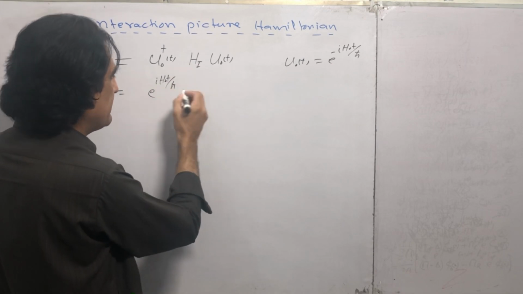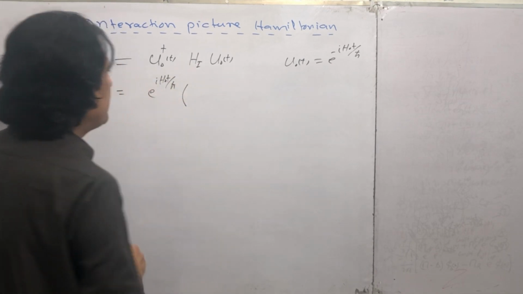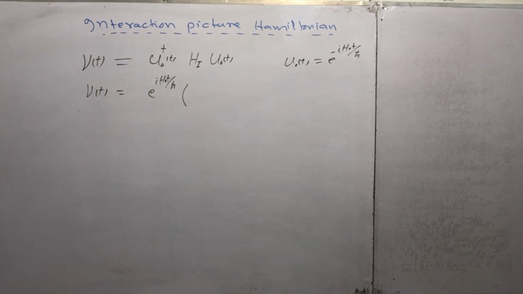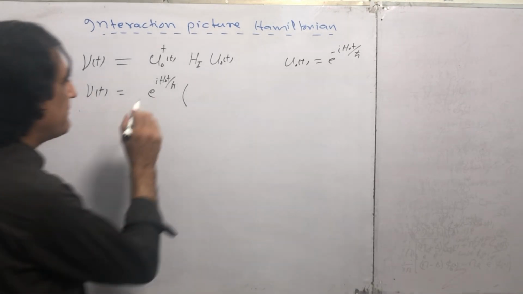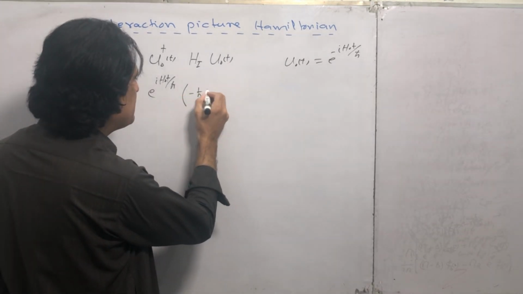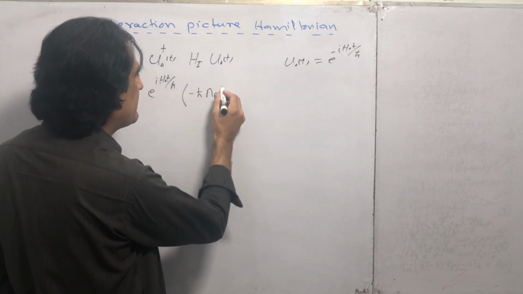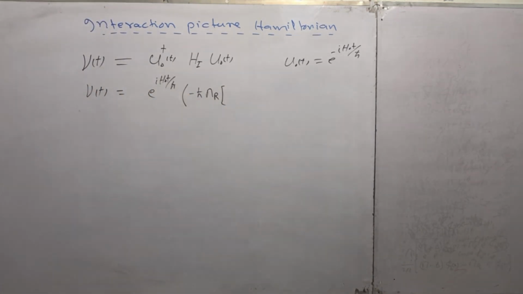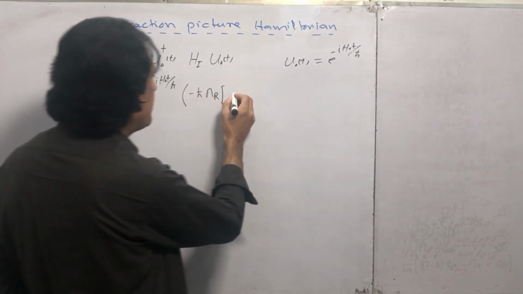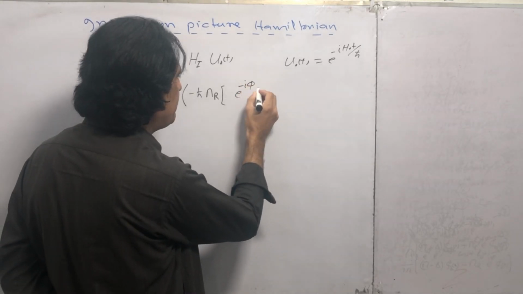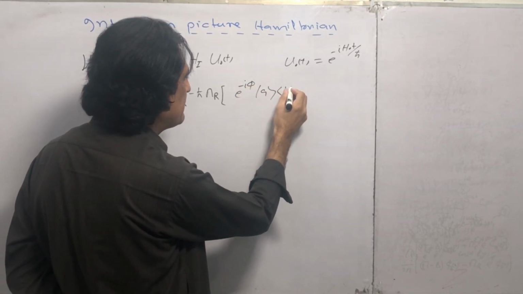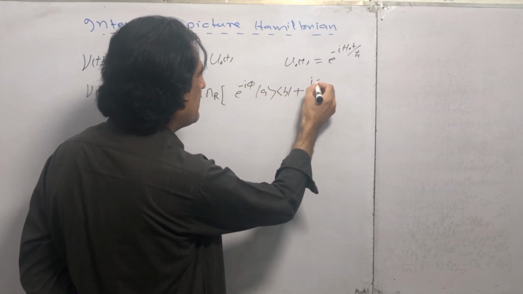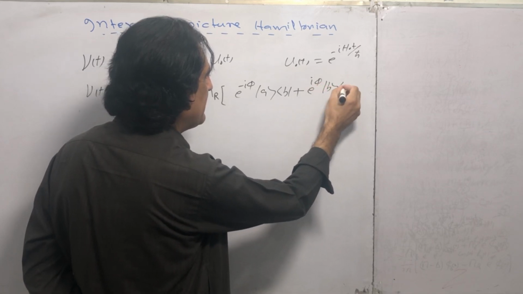And H_I, we know about H_I, the interaction Hamiltonian, and for a two-level system, minus h bar omega_R and e to the power minus i phi |a><b| plus e to the power i phi |b><a|.